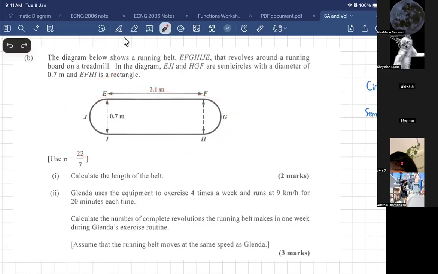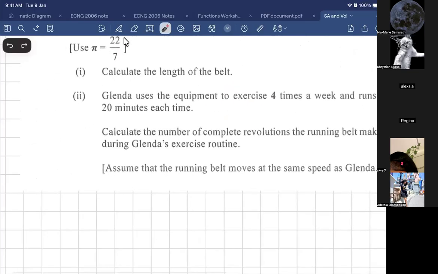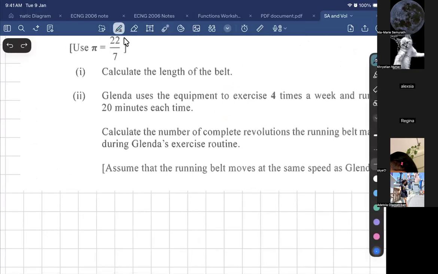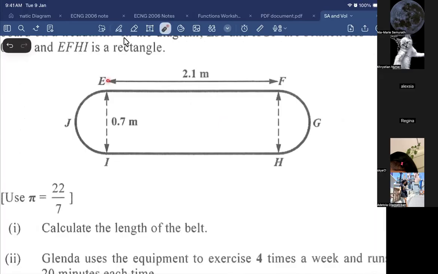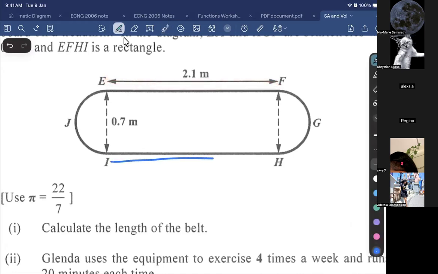Cool. Let me handle this question. All right, so Samir, you want to calculate the length of the belt. What's our length over there? 2.1 meters. What's this length over here? 2.1 meters.